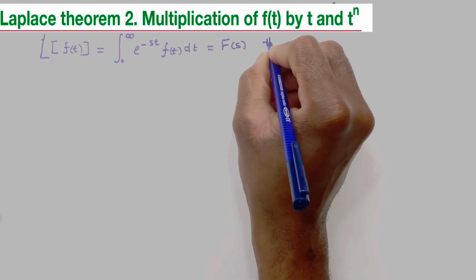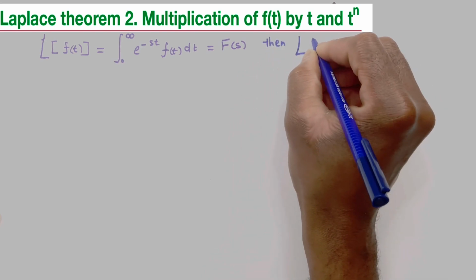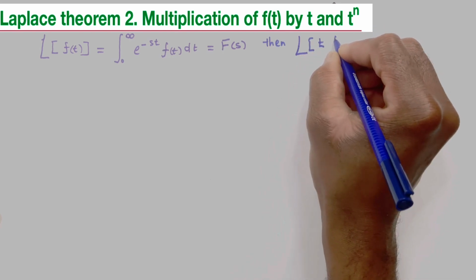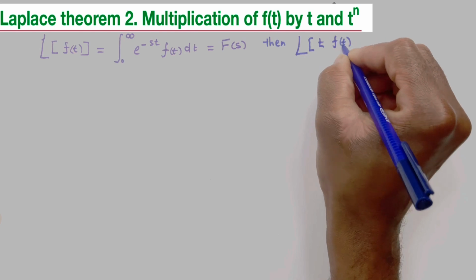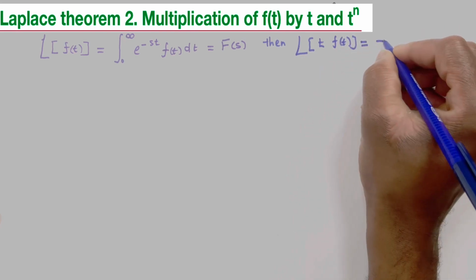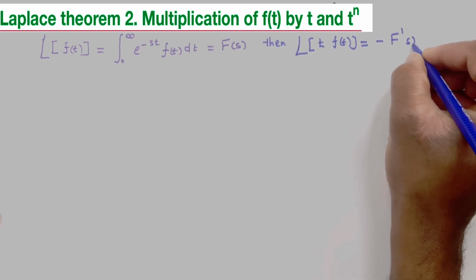So if we now multiply the Laplace f of t by t, that should give us minus the first derivative of function of s.